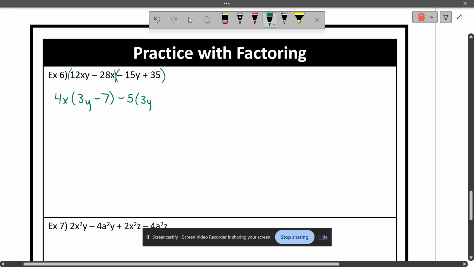So I have 3y minus 7. 3y minus 7 times 4x minus 5. Anytime that middle term, that third term, has a negative to it, chances are you'll probably pull out a negative in your problem.